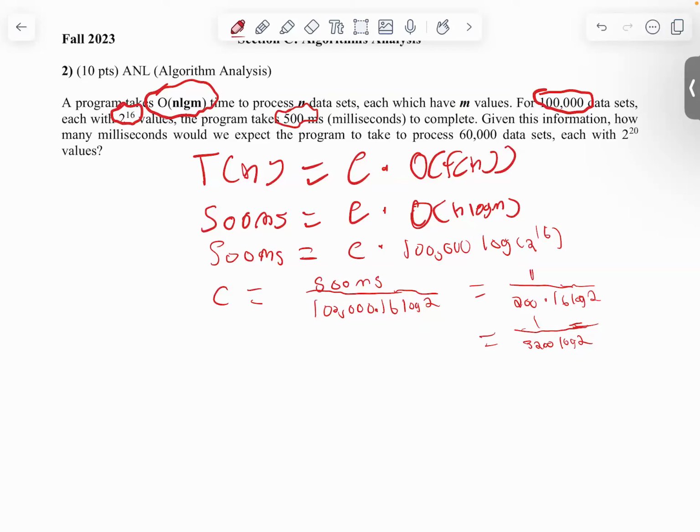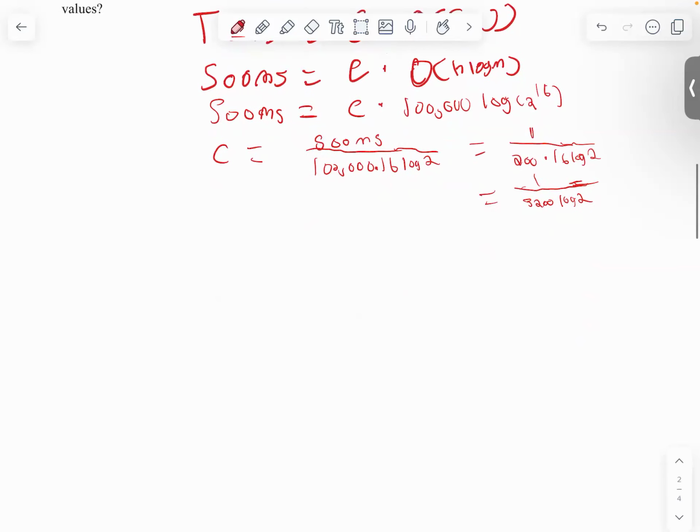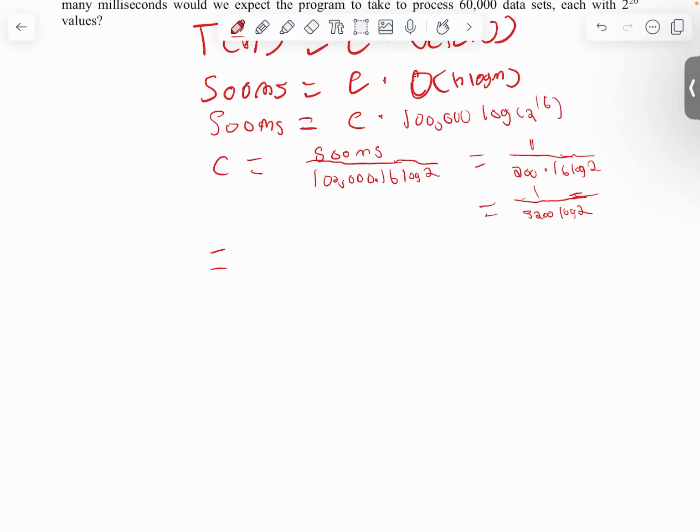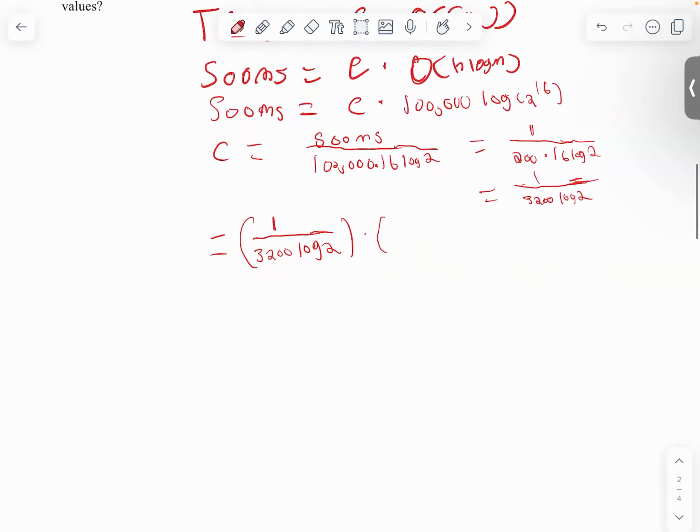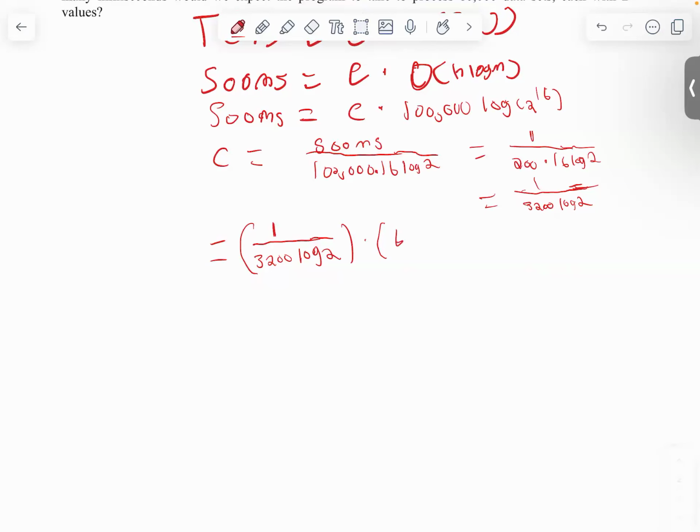We take our C and set up our equation. It's equal to 1 over 3,200 log 2, times our data sets, 60,000 this time, and log of 2 to the 20.